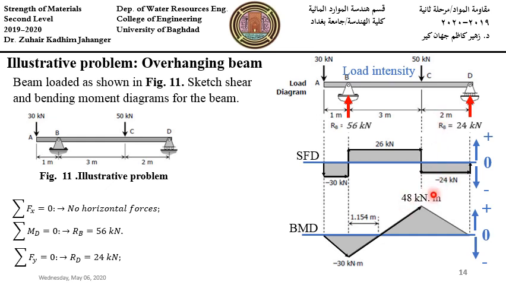So 48 minus 48 equals 0, and we draw a straight inclined line downward, because this is minus, back to 0 again. As I said before, at zero shear force we get maximum bending moment, maybe in minus or in positive. Go to pages 130, 136.